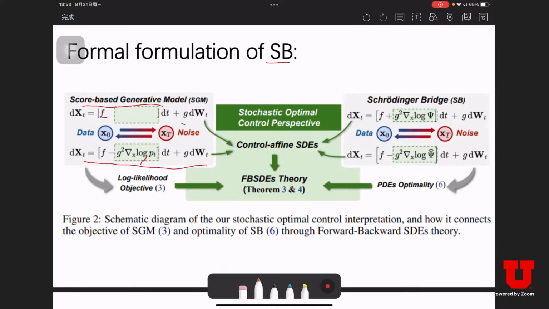For the Schrodinger bridge, the forward SDE is given by the theory introduced last time, which has a term like this one, G squared multiplying the gradient of the log psi, and the backward has the score like here.